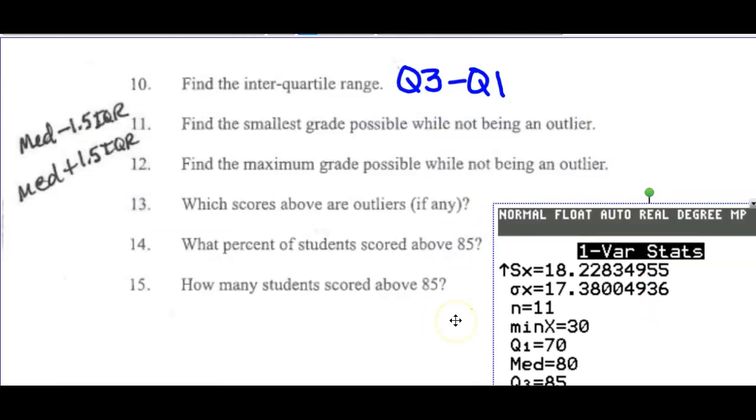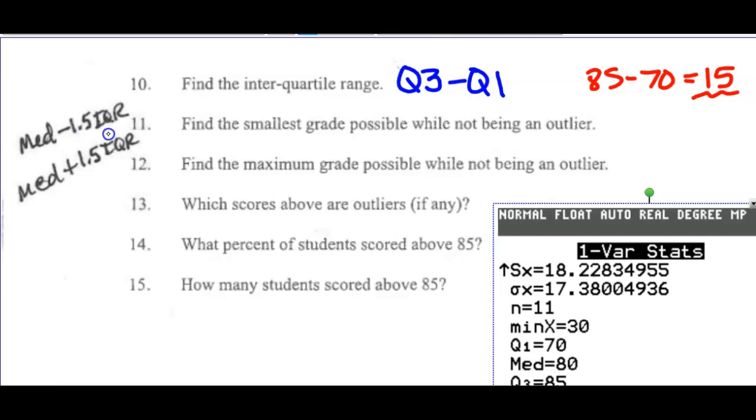Okay. So this is the definition of the interquartile range. So it's 85 minus 70 or 15. The interquartile range is used to decide whether there's outliers. The definition of an outlier is if it's more than 1.5 times the interquartile range away from the median.